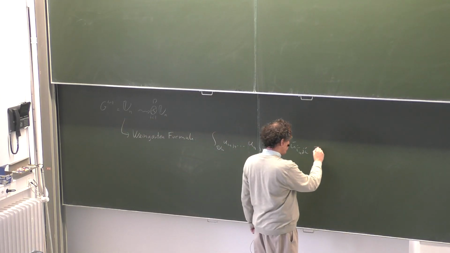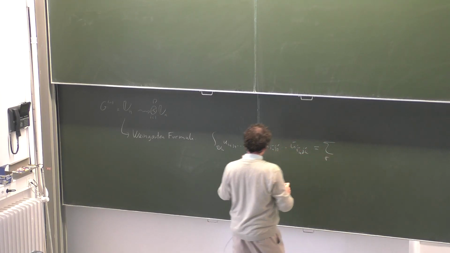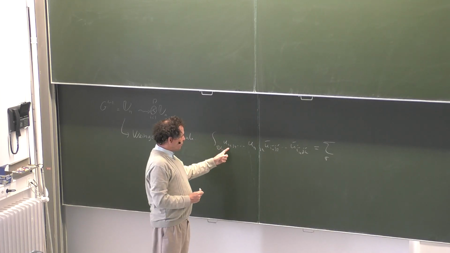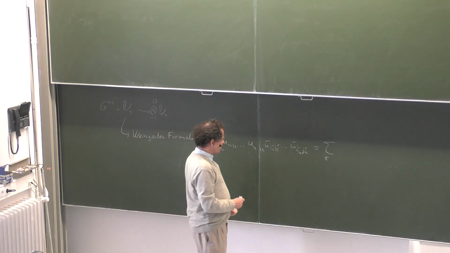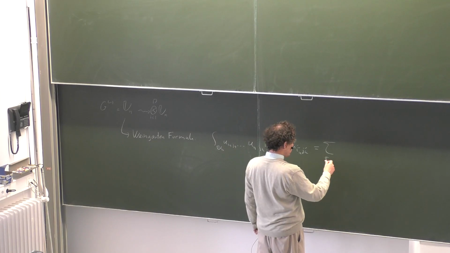And that one is actually a sum, as I wrote, over all pairings between row indices of u and of u bar, which I call sigma, and pairings of column indices of u and u bar, which I call tau.